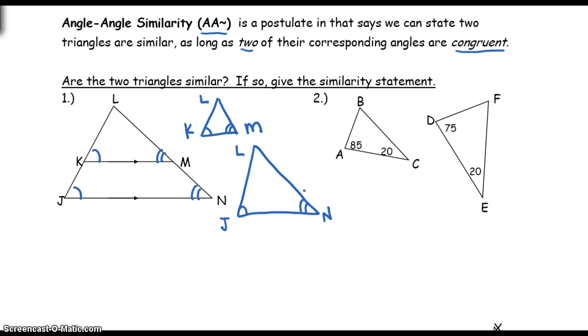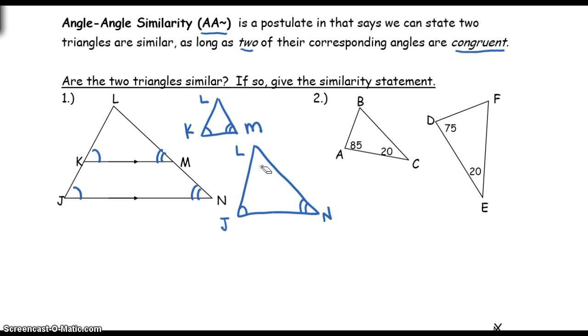Now, it doesn't matter here because we already have our two angles for angle-angle similarity, but I want to point something out to you because a lot of students don't see this right away. Do you notice that they have another angle in common? Do you notice that in the small triangle, this has angle L, and in the big triangle, it also has angle L? Okay, so angle L is the same in both of them too.